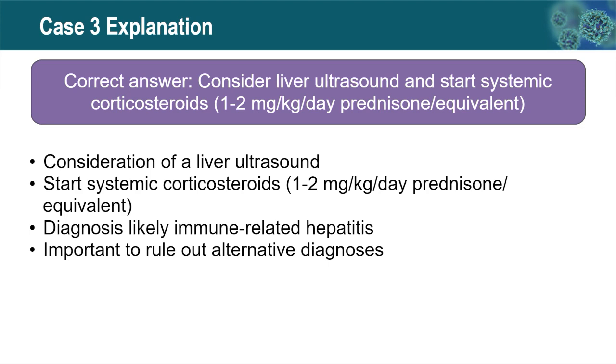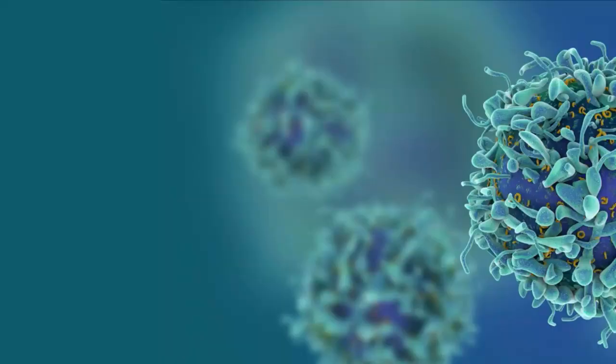In order to rule out alternative diagnoses, such as metastatic disease in the liver, a liver ultrasound is usually the first radiologic investigation that we would recommend. Empiric treatment for immune-related hepatitis would be systemic corticosteroids, which is option D. Therefore, the answer is E, B, and D.